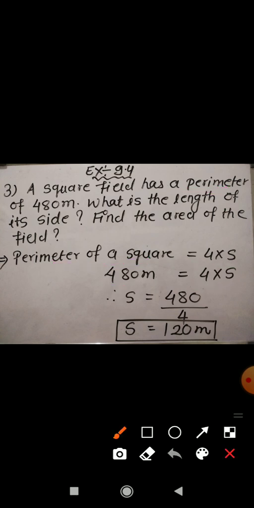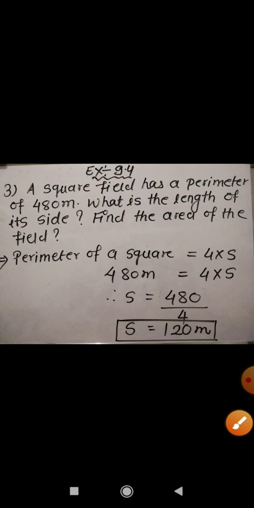Here we have to find out the value of side. So we can shift this number 4 to the left hand side. When 4 goes to the left hand side, it goes in the denominator. Hence, side is equal to 480 divided by 4, which is equal to 120 meter. So, side of a square field is 120 meter.